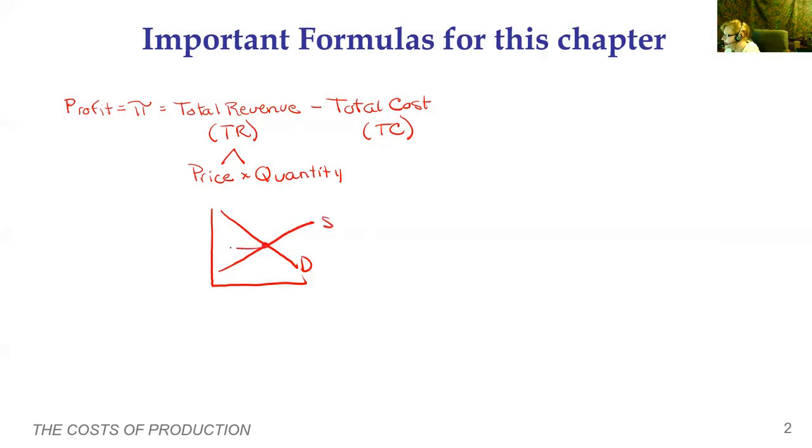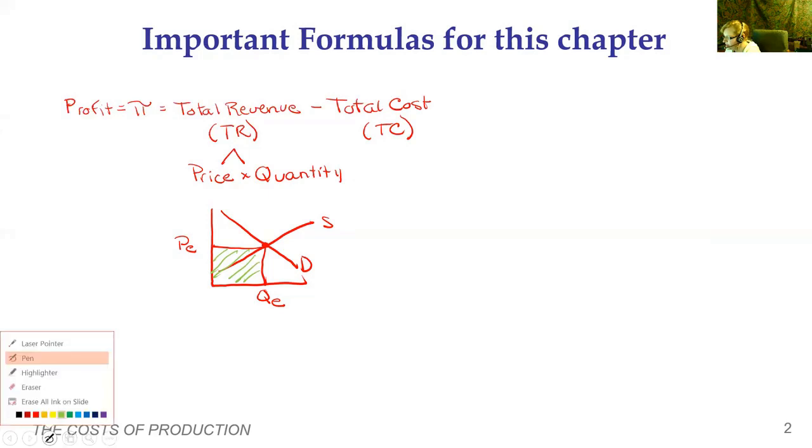Our price equilibrium is going to be right here, and our quantity equilibrium is going to be right here, Q sub E. We have said that our profitability is this area right here, this rectangle.